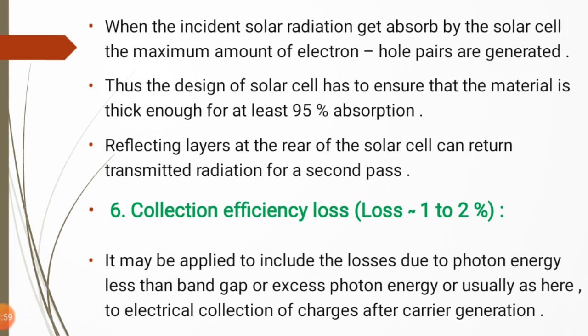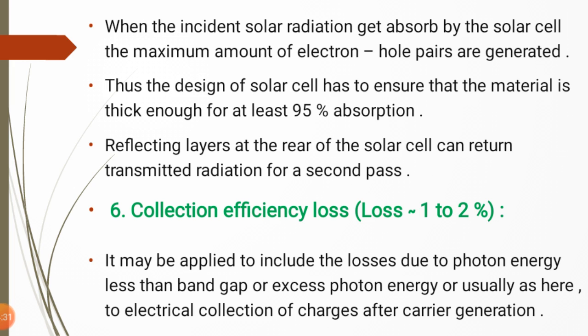Now the next parameter is the collection efficiency loss. Due to collection efficiency loss, the loss is about 1 to 2%. It may be applied to include losses due to photon energy less than the band gap, or excess photon energy, which usually relate to the electrical collection of charges after carrier generation.